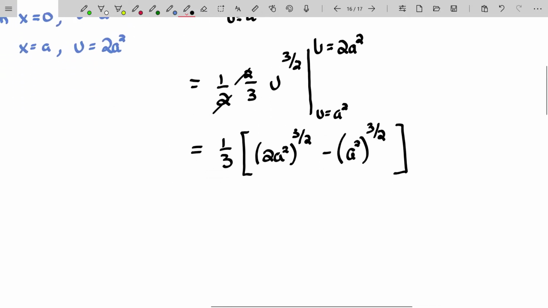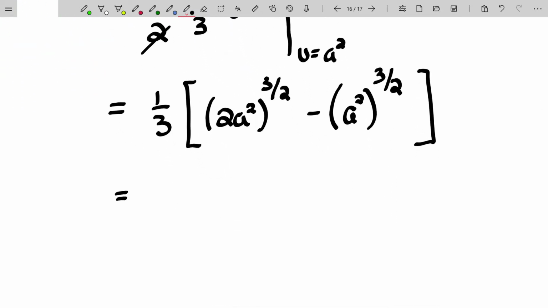All right, let's go ahead and see what that is after some simplifications. So that's going to be 2 to the 3/2 power. A squared to the 3/2 power is a cubed. Minus, again, a squared to the 3/2 power is a cubed.